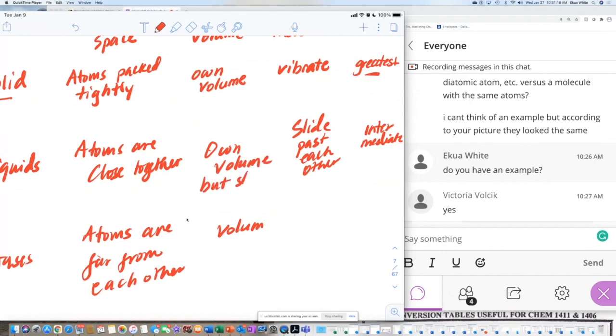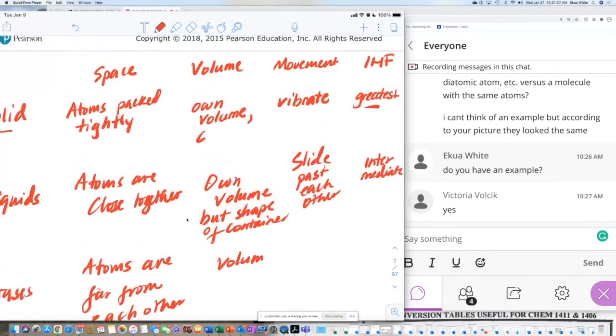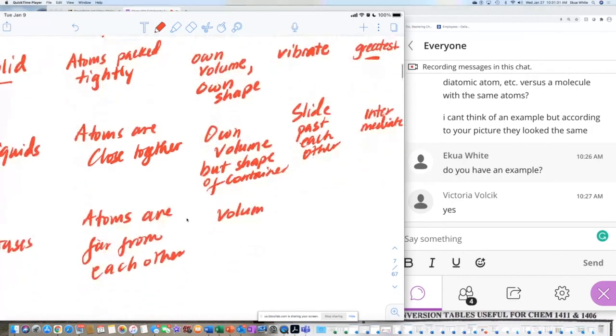But shape of container. And here, solids have their own volume and then they have their own shape. I didn't have a section for shape. So gases take on the volume of container. So here I say volume and shape of container. Okay, so I was able to fit everything in there.